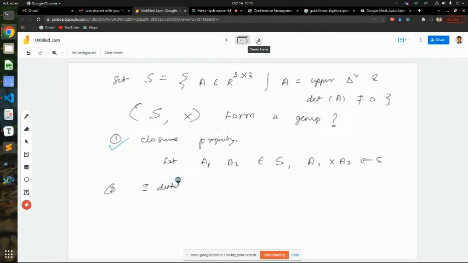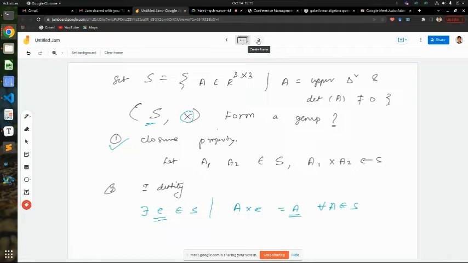We say that a set under an operation satisfies the identity property if there exists a special element E in the set such that A into E equals A for all A in S. You need a special element called E such that if you use that element to apply the operation under consideration to any element in the set, then the operation should return the element itself.